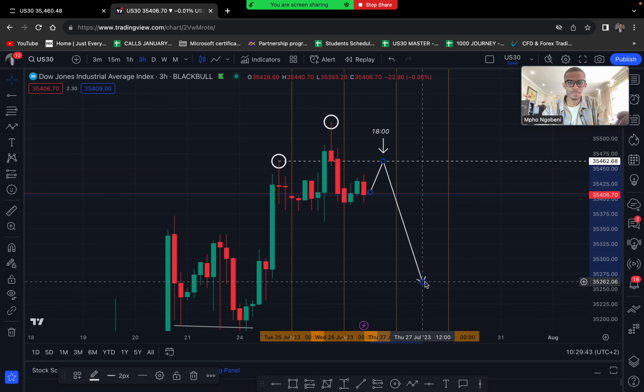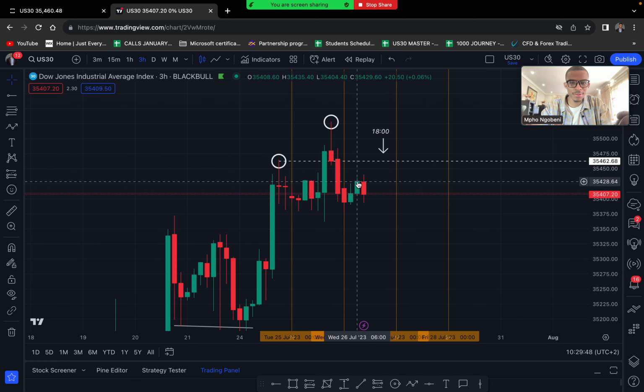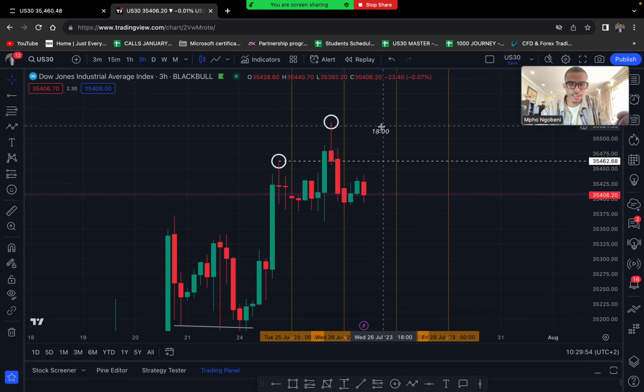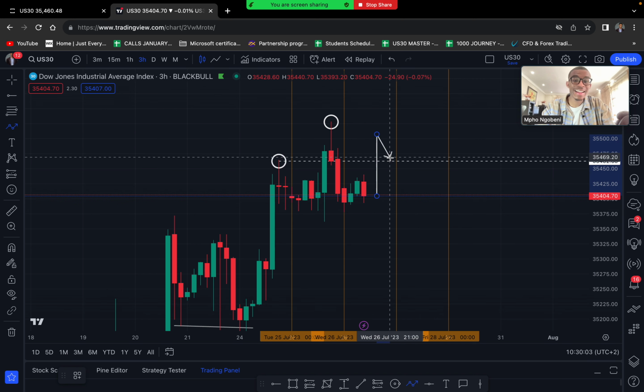Understand? That's only if 18 o'clock fails to break. But if any other time comes there, like 12 breaks, if 12 manages to go up and break that area, we can enter even there at 18 o'clock.